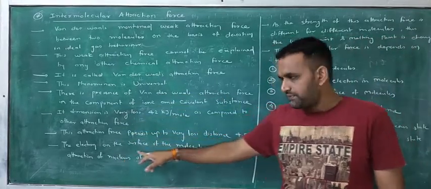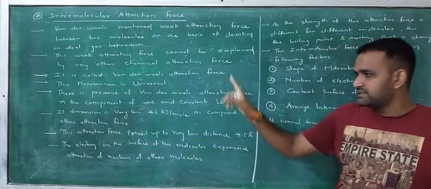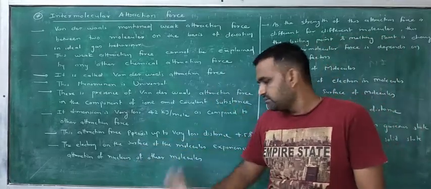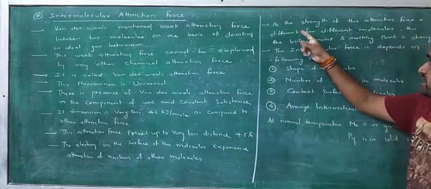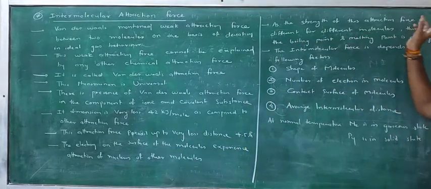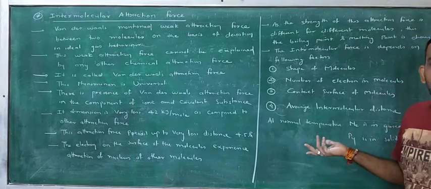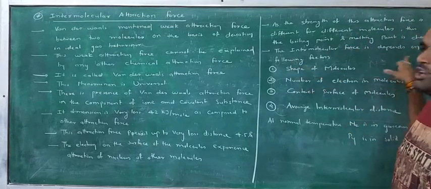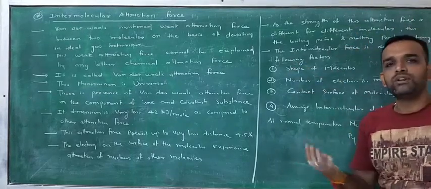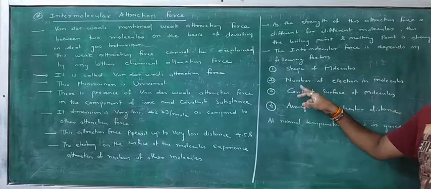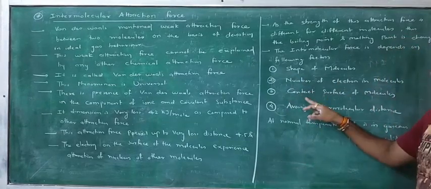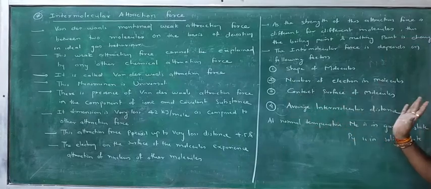The electrons on the surface of the molecules experience attraction between the nucleus and the molecules, right? As the strength of the attraction force for different molecules is different, the boiling point as well as the melting point are different. The intermolecular attraction force depends upon four different factors: shape of molecules, number of electrons in the molecules, contact surface area, and average intermolecular distance.